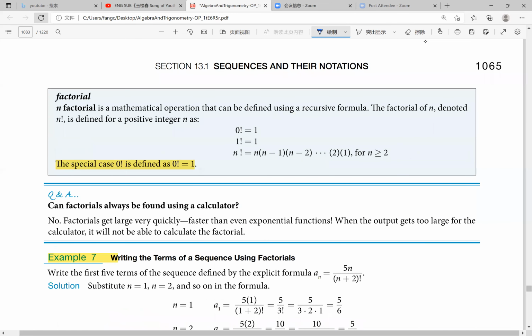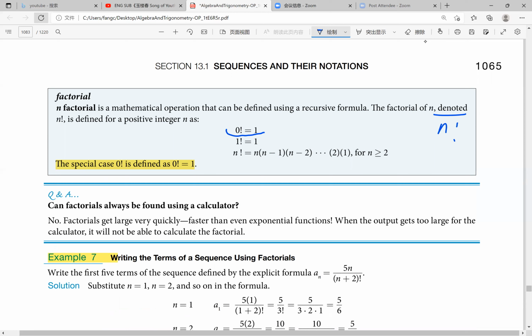So let's see the factorial definition. N factorial is a mathematical operation that can be defined using a recursive formula. The factorial of n, denoted n!, is defined for a positive integer, and we need to remember 0 factorial equals 1.